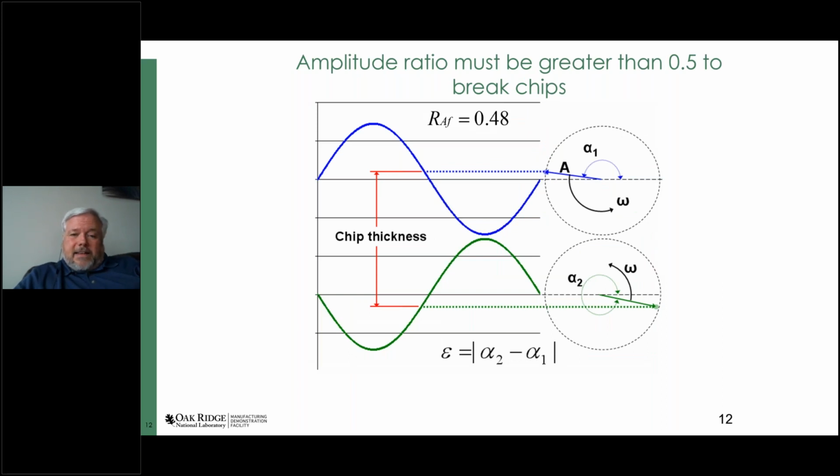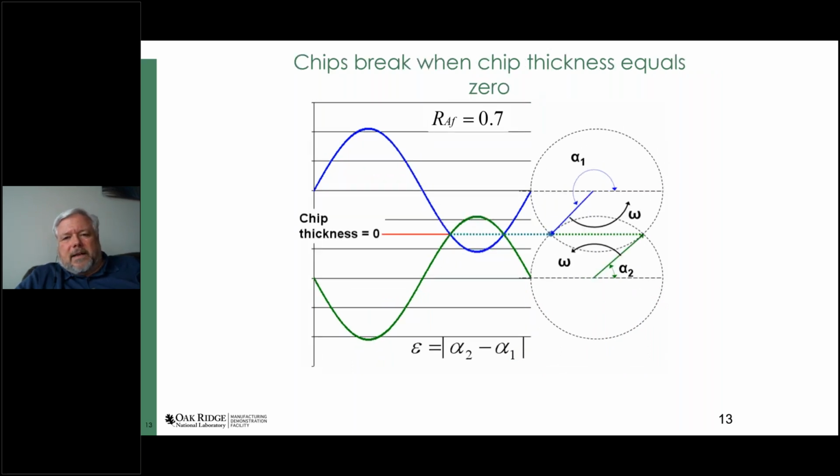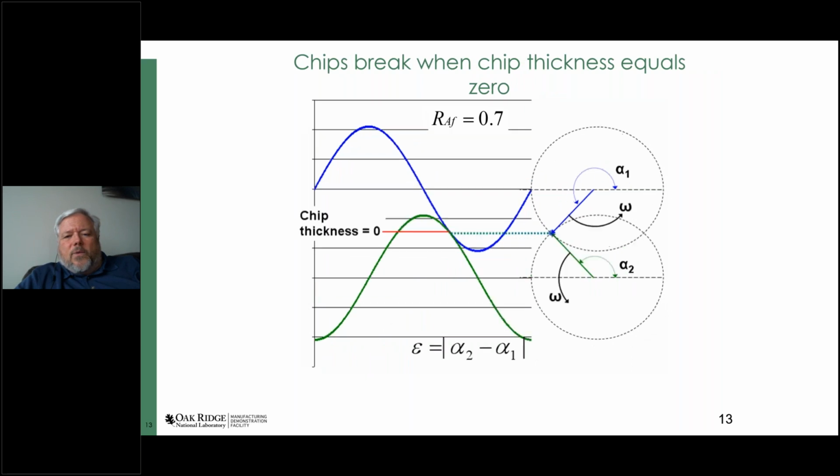Okay, so there's a calculation that goes along with this. I won't go through all the details of the calculation unless somebody really wants to see them, but I can show you that it comes out relatively straightforward for me to understand when the chips break and when they don't break. And this is a few slides which are sort of illustrating that calculation.